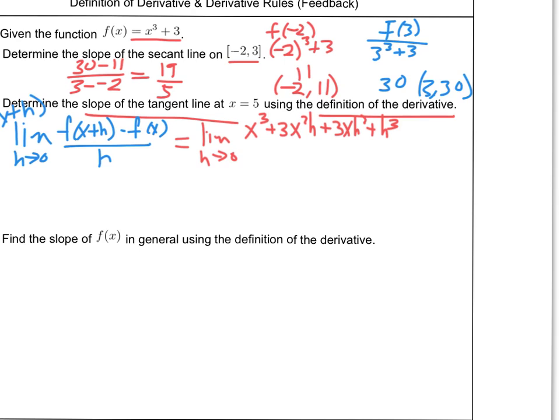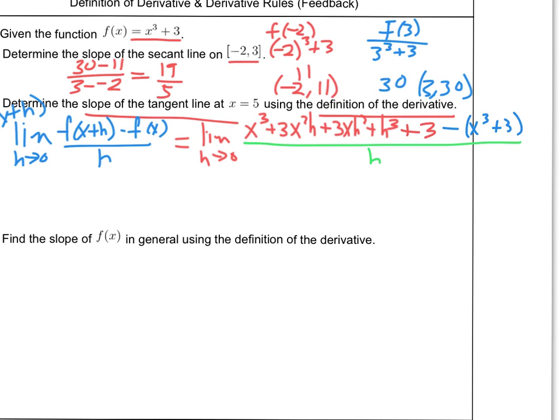I also need that plus 3, and then I'm going to subtract the original function, so minus x cubed plus 3. This is all going to be over h.